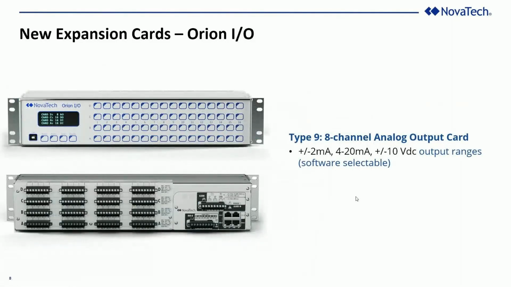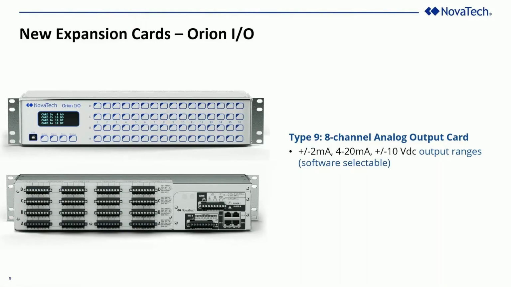For the expansion card for the I/O, we now have an analog output card. It is an 8-channel analog output. We have the plus and minus 2 milliamps, the 4 to 20 milliamps, and the plus and minus 10 VDC output ranges. Software selectable once again.